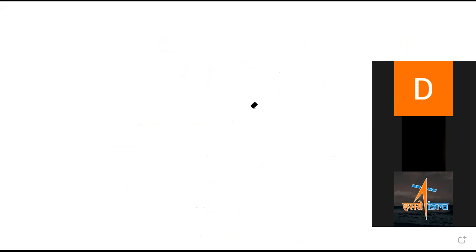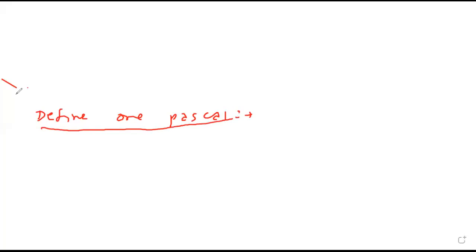Define 1 Pascal. They can ask this in PPS. 1 Pascal means 1 Newton upon 1 meter square.